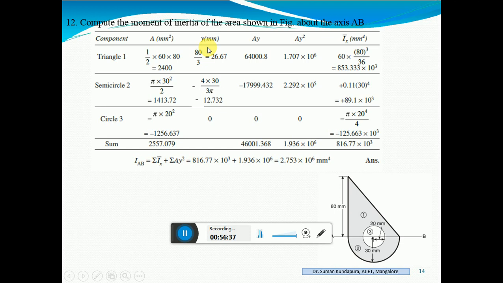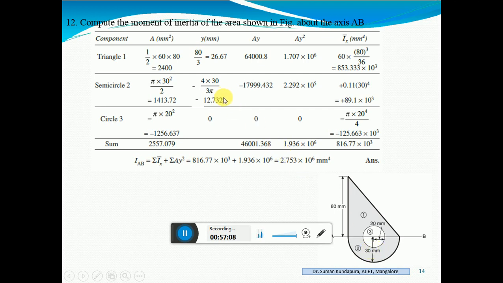Next, I need only about the axis AB. So about the axis AB, what is measured? Only the y distance is measured. So the y distance for the triangle, here somewhere the CG of this triangle will be lying. So here means 1/3 of depth, 1/3 of 80 is 26.67. The y distance of the semicircle from this point till here somewhere is 4r by 3 pi.